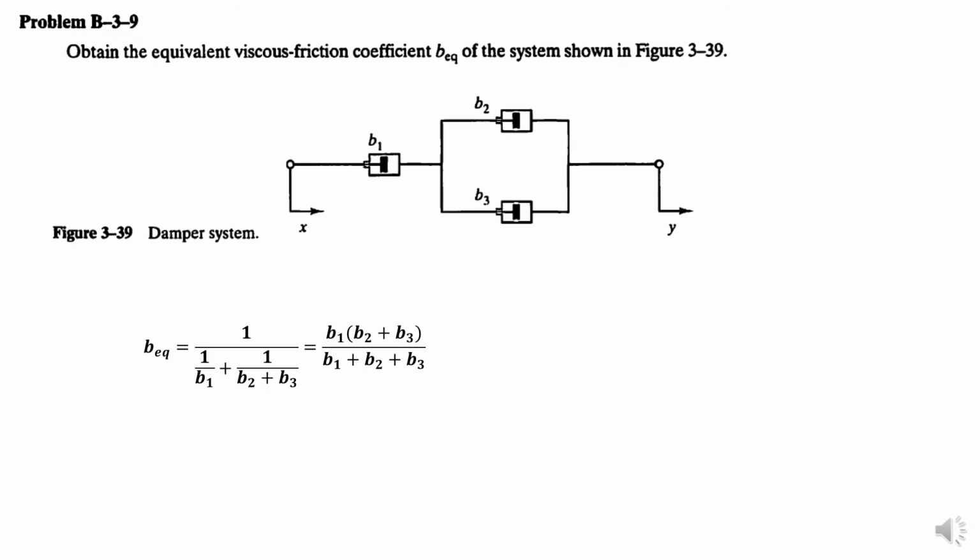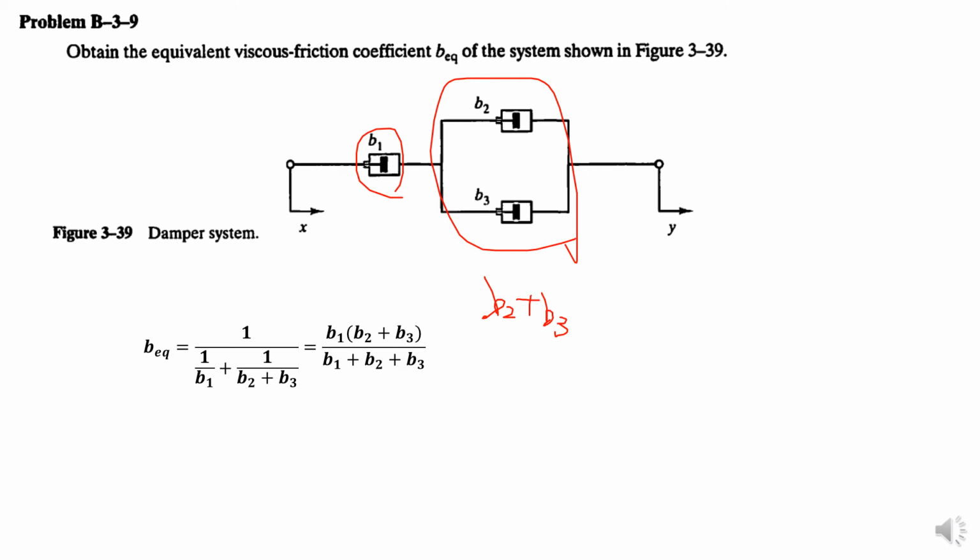What would be the equivalent damper term here? I will try to get this one. Because they are parallel, this one will be B2 plus B3. And this one and this one, these two will be serial.